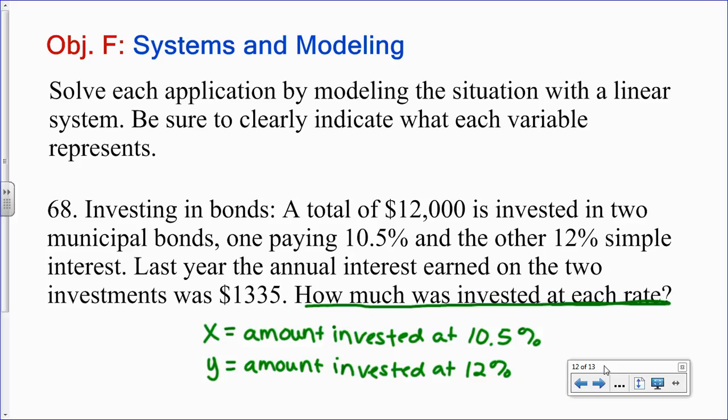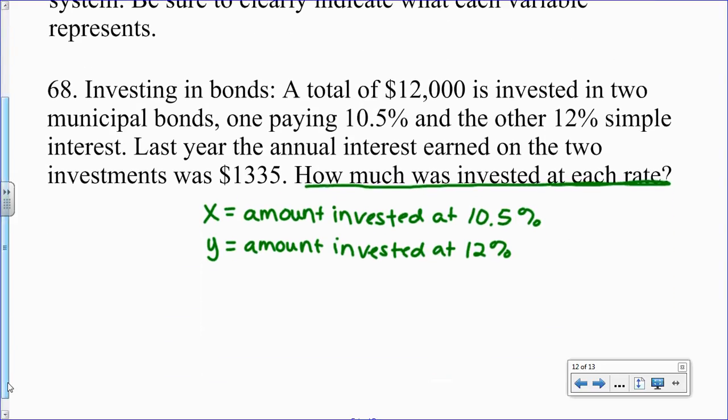So again, we're thinking about total number and total amount here. It says a total of 12,000 is invested into municipal bonds. So that right there gives me one equation. How would I set that equation up? So just using the 12,000, I can set up one equation.